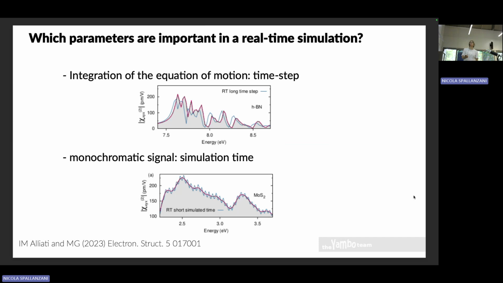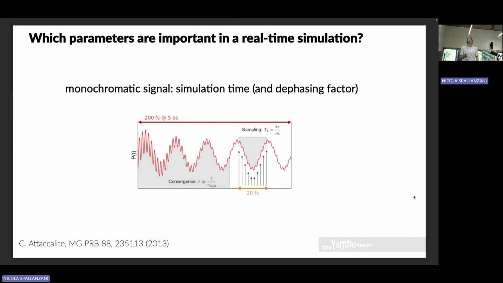So where do these come from? Basically, when you give a monochromatic signal, we cannot just switch it on at minus infinite time. So we switch it on at some time, and this switch-on is just a small delta kick. And with a small delta kick, you excite all the system's high frequencies.